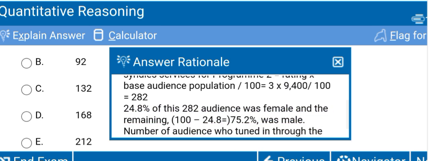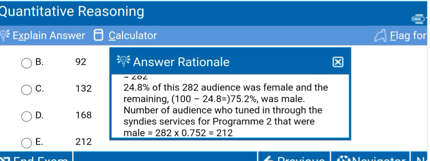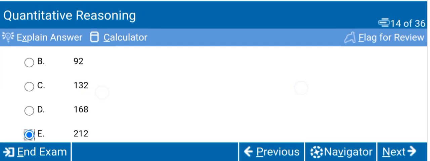So 24.8% of this 282 audience was female, and the remaining, that is 100 minus 24.8, 75.2% was male. The number of audience who tuned in through the Sunday services for program 2 that were male equals 282 multiplied by 0.752 equals 212. That's why we have a correct option is option E.